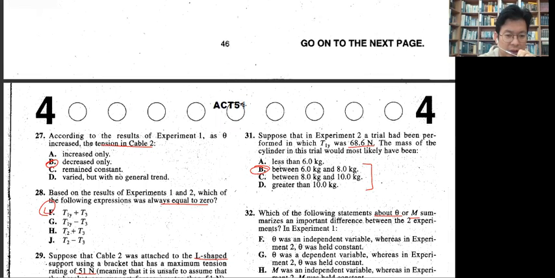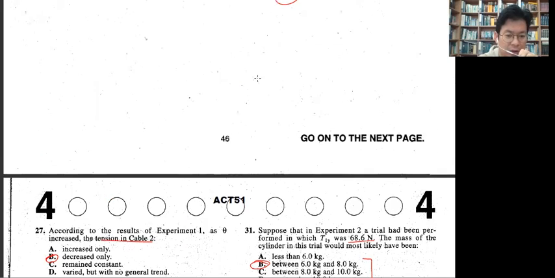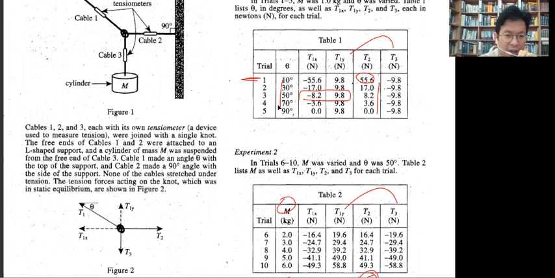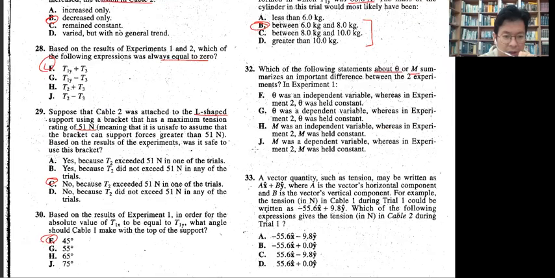In experiment 1, theta is the independent variable, because as you put in different theta, we see different things. In experiment 2, theta stays the same, because theta is 50, and M is the independent variable, but theta stays the same. Theta is the independent variable in experiment 1, and in experiment 2 it's the constant.